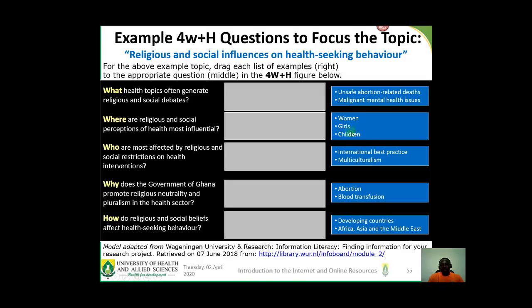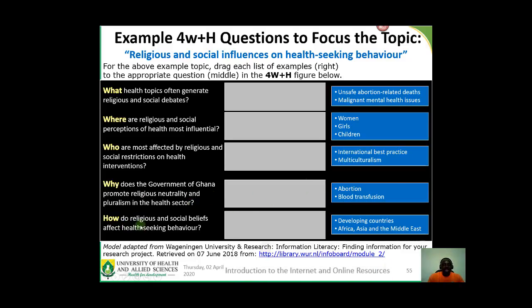Women, girls, children. So you can move this over to this place. Why does the government of Ghana promote religious neutrality and pluralism in the health sector? Why? So maybe international best practice or multiculturalism, whatever. We move that to here.